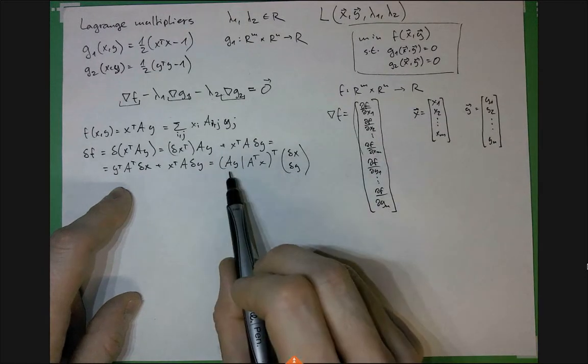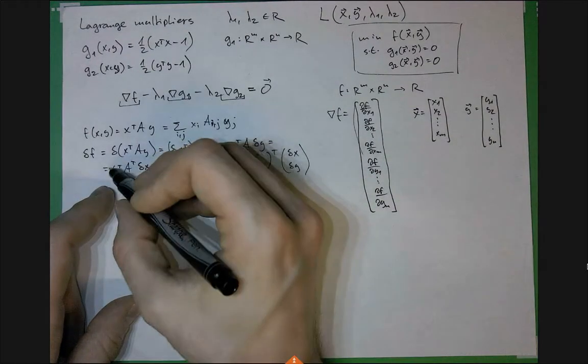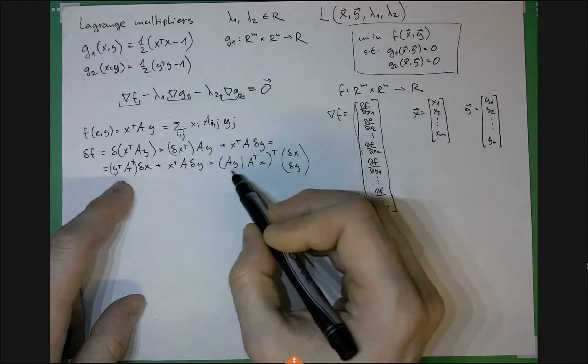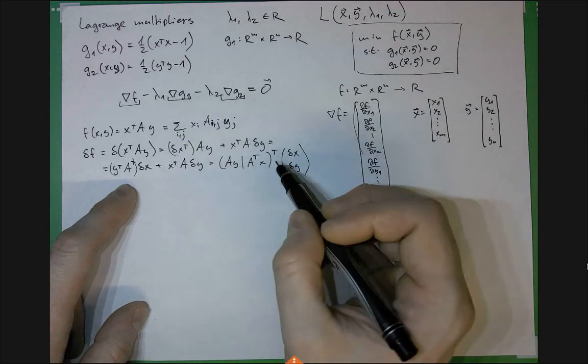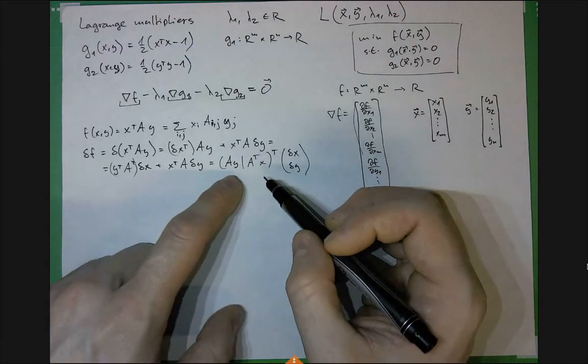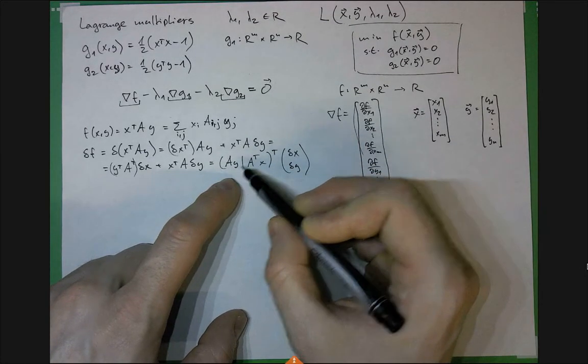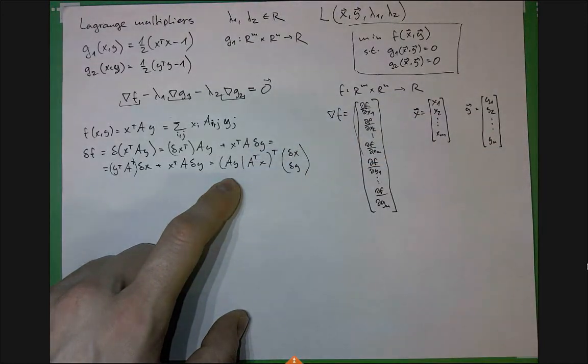So what happened in this last step was that I took this part here, transposed it, and put it in one row vector here. Because what is the dimension of this? A times y. A was m by n, right? And y was a column vector.